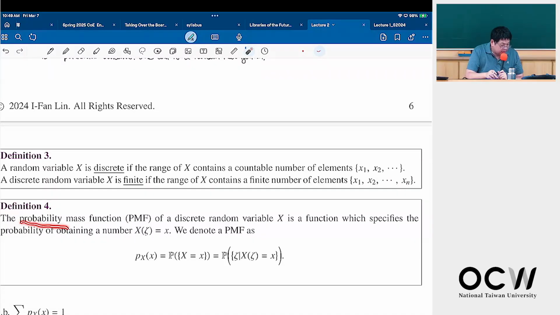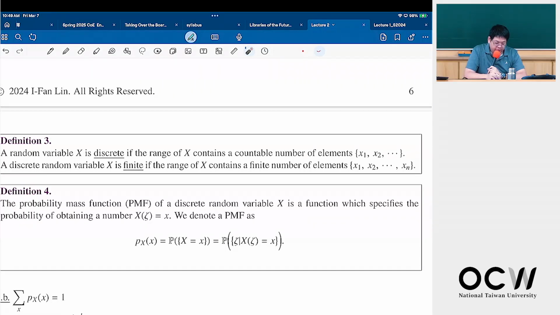And then, what is the probability mass function? From now on, each time you learn a different type of random variable, we need to know its probability mass function for the discrete case, or the probability density function, the PDF. Because the PMF or PDF can describe that random variable.